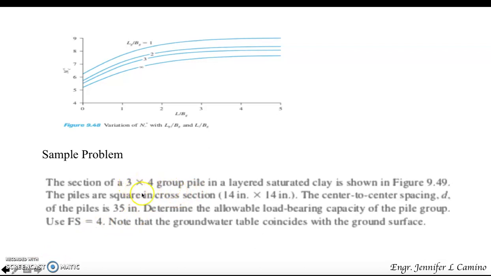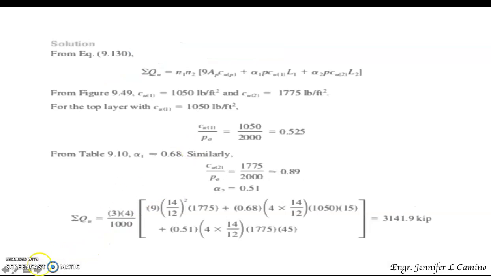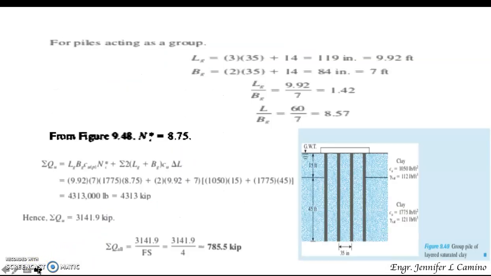From our discussion a while ago, since L sub G is greater than B sub G, we have to identify our L sub G using the equation presented a while ago, wherein L sub G is equal to N1 minus 1 times d plus 2 times capital D over 2.